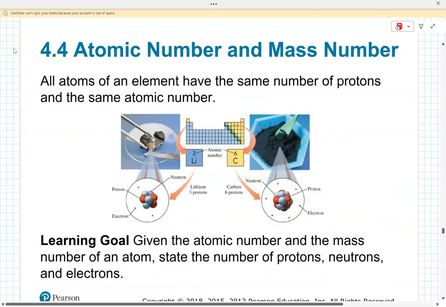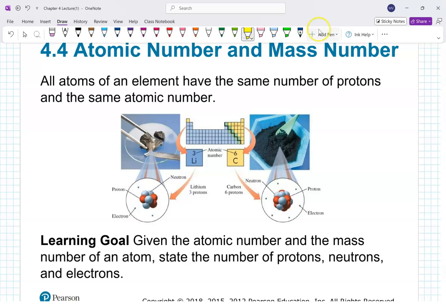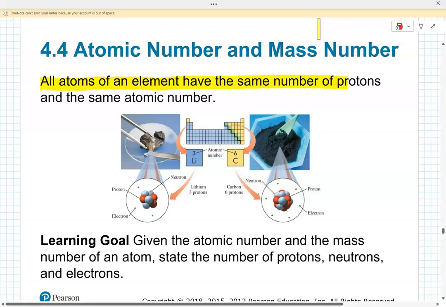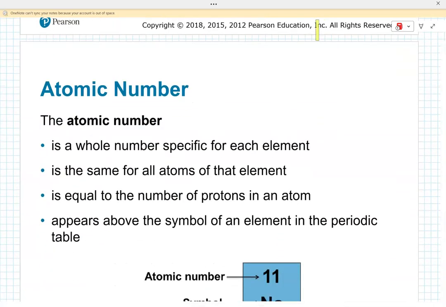So now we're going to talk about fundamental concepts. What is an atomic number and what is an atomic mass? This number of protons is equivalent to an atomic number. Okay?